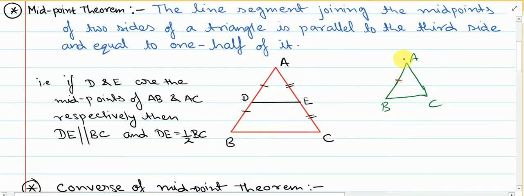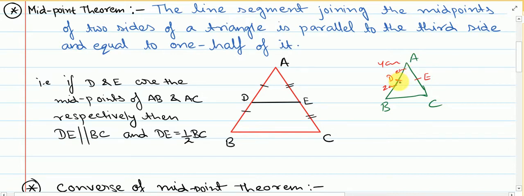Okay, that means if AB is 4 centimeter, then this will be 2 centimeter and this will also be 2 centimeter, and midpoint of AC be here. Okay, so let me mark midpoint of AB as D and midpoint of AC as E. So suppose you have a triangle, and for two sides you know the midpoint.